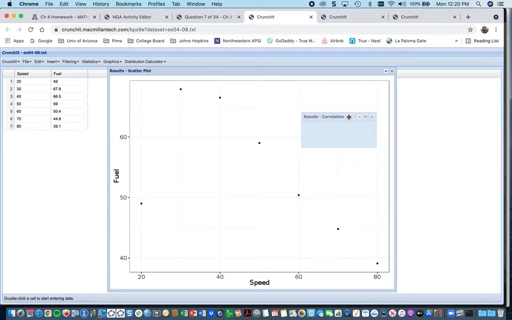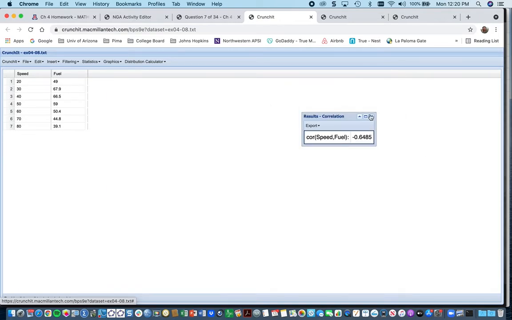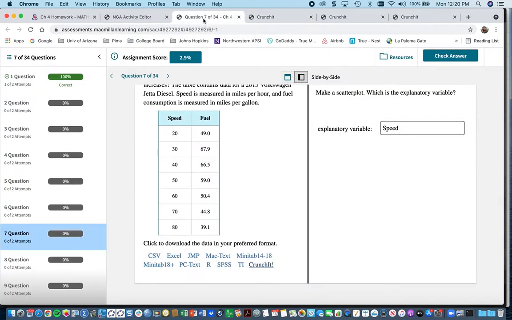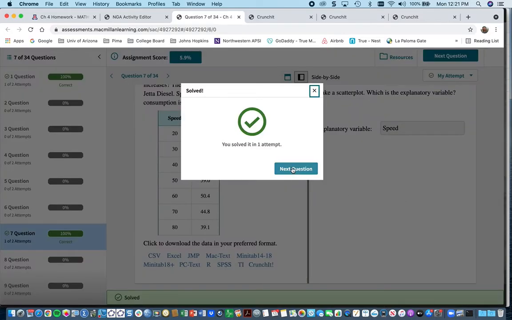If you look at just these points that follow this kind of linear pattern, those would have a much stronger negative association. But because of this point here, that makes this a much weaker association. So if we answer that question, and then we'll go on to the next stuff. So speed, and we'll check the answer, and looks like we're okay.